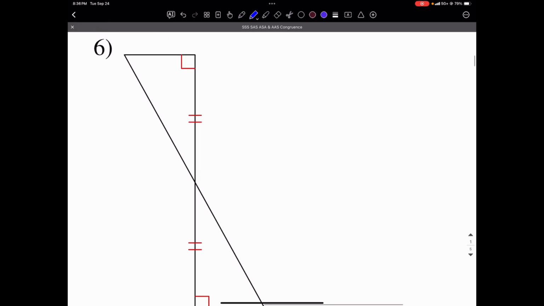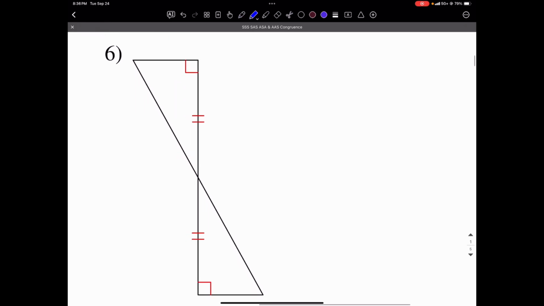Number 6, once again, we have some vertical angles. We know those are congruent. So we have a given angle that's right and another angle that's right. And you have to remember, it doesn't need the little arc mark, because it's a right angle. All right angles are congruent, right? All right angles are congruent.